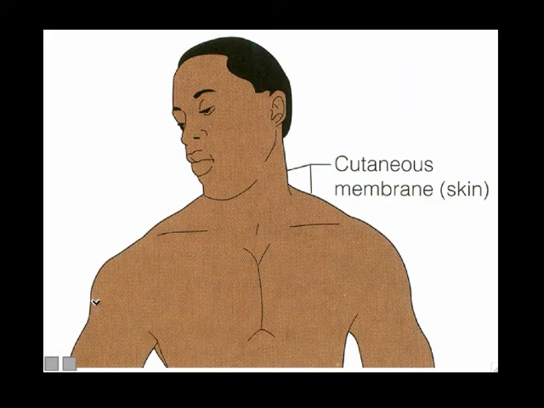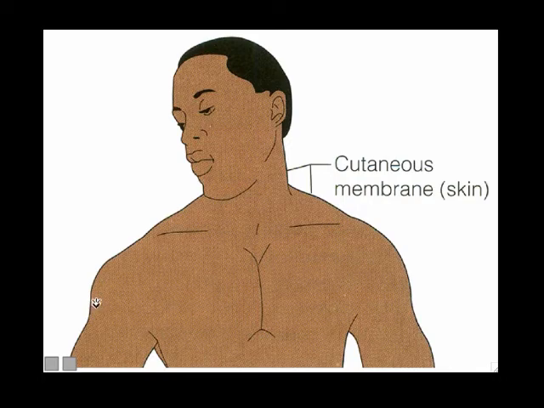And if not for your skin, those pathogens would get inside you every minute of every day. And there are so many pathogens that your immune system would just get overwhelmed and you would die. So every day your skin saves your life just by blocking pathogens in the environment from getting inside you.